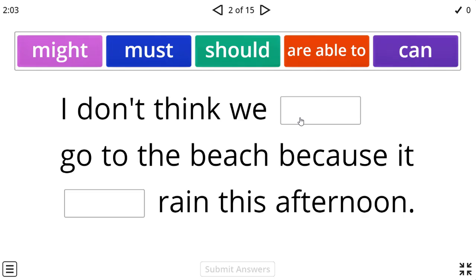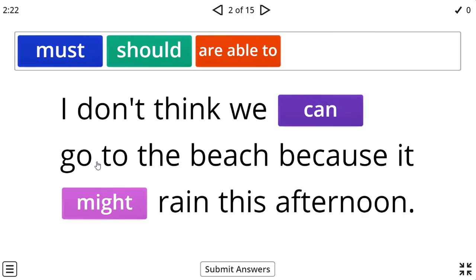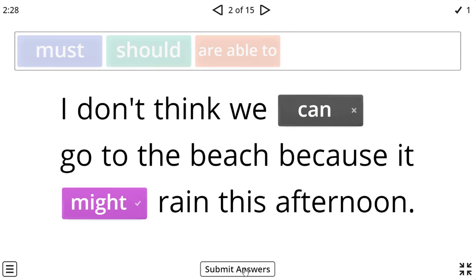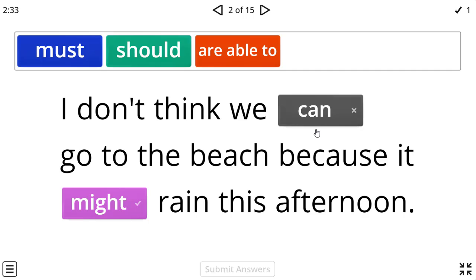I don't think we can go to the beach because it might rain this afternoon. Do it. So, is there anyone who has any objection? Let's first verify this. Yes? Okay. Again, what was the problem with can? Here it is an advice, and the answer should be should.